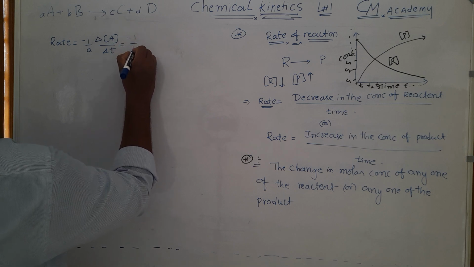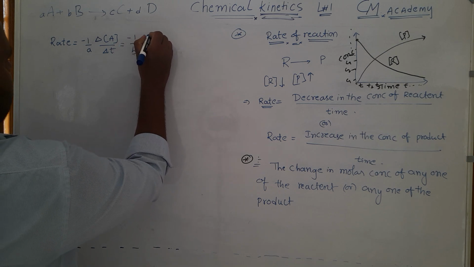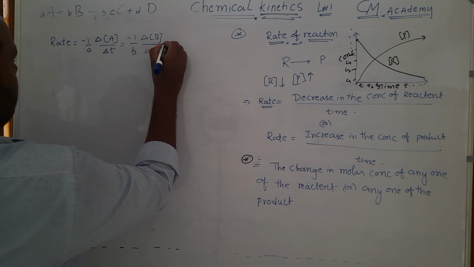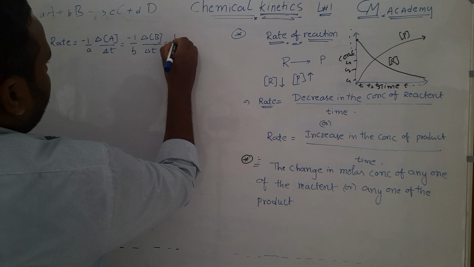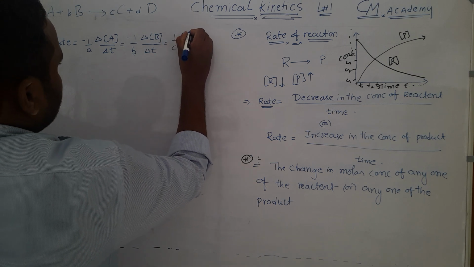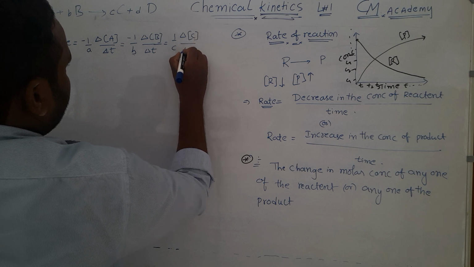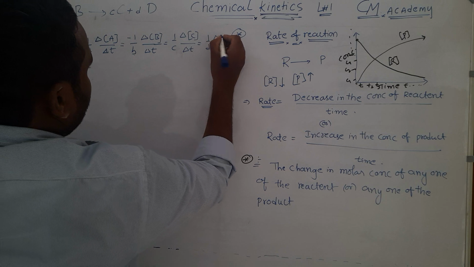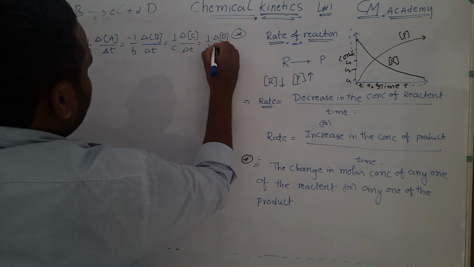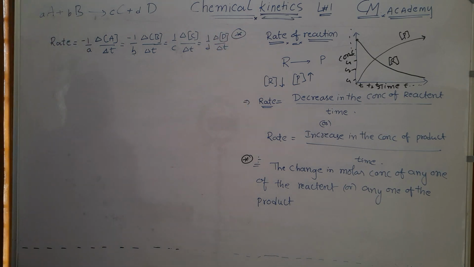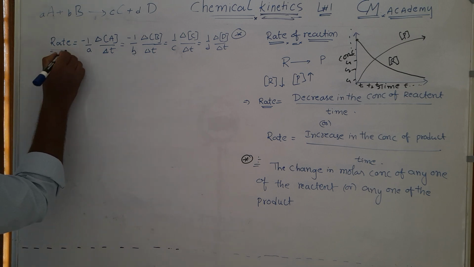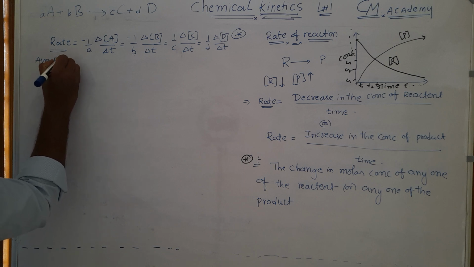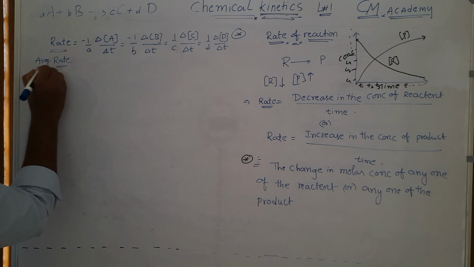Minus 1 by b, change in concentration of B by change in time, is equal to 1 by c, change in concentration of C by change in time, is equal to 1 by d, change in concentration of D by change in time. This type of expression is also called the average rate.